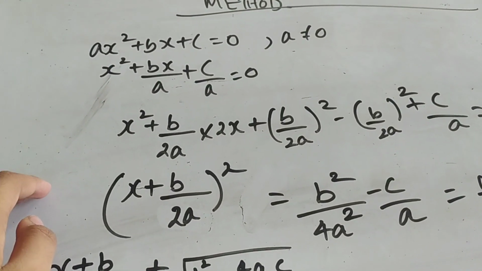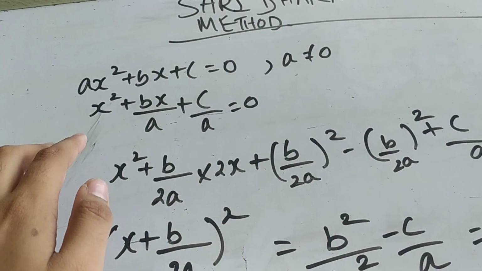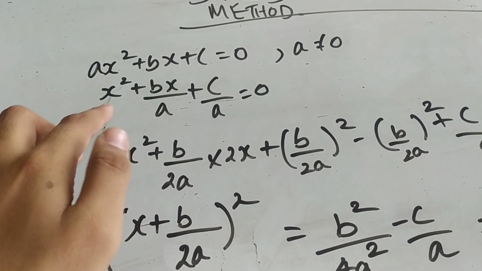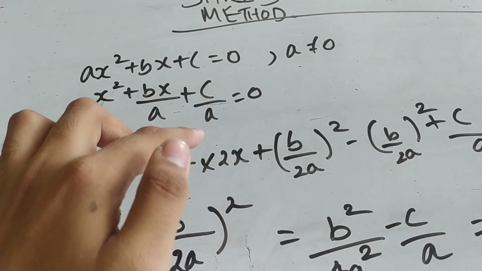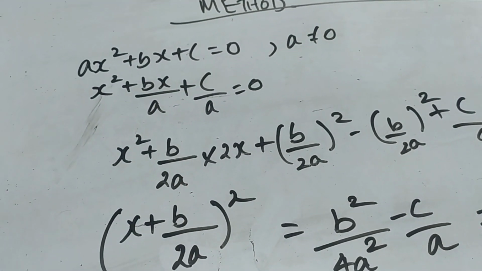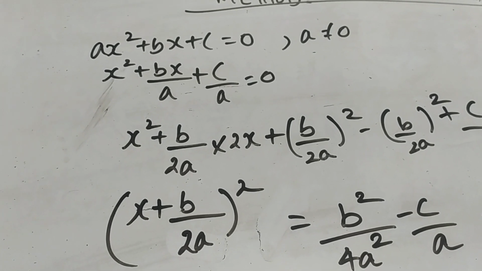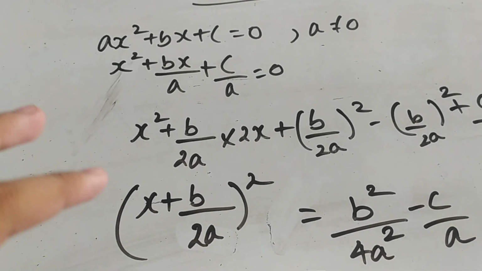So the next step is, we get this, but then you would notice that x squared plus b by a times x is very close to this algebraic identity, which is a plus b whole square. So how to do it? We are very close to that identity.